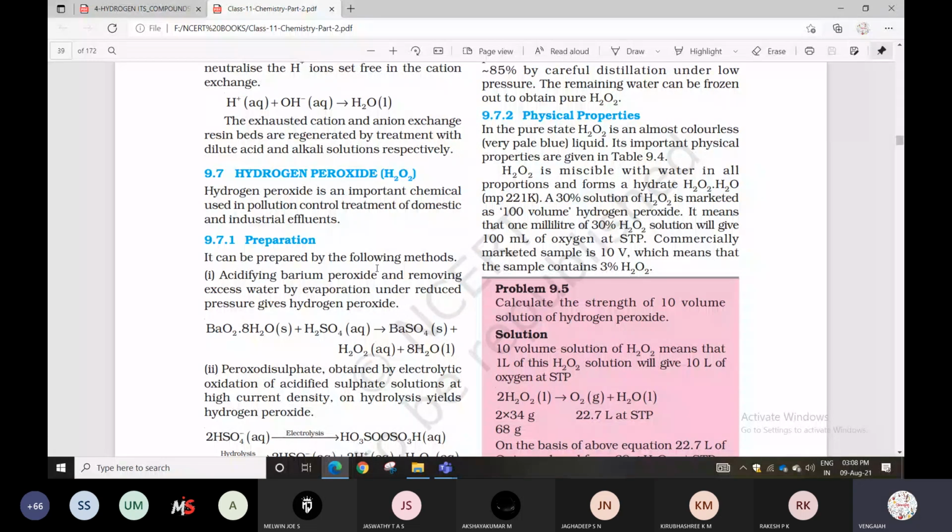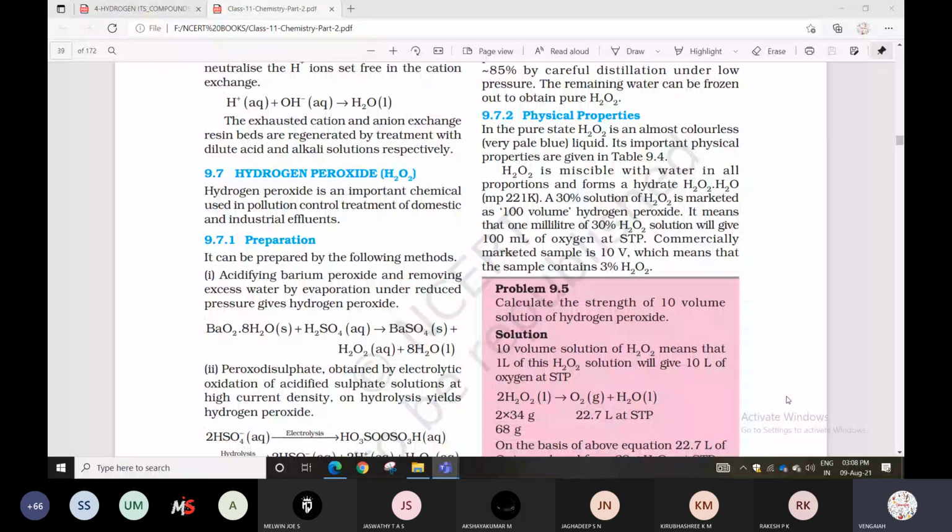You know how oxides are classified: oxides, peroxides, superoxides. Peroxides like H2O2: in the peroxide condition, the oxidation state is -1.